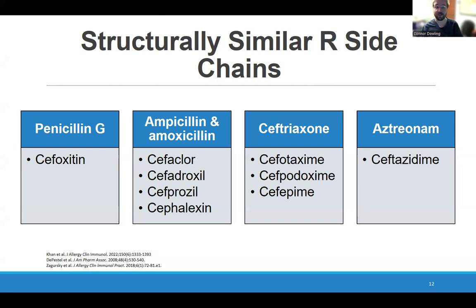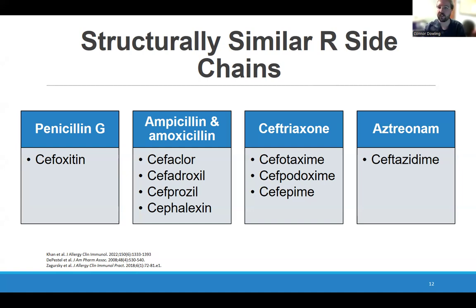So if you're using aztreonam to potentially get around a cephalosporin or penicillin allergy, and they had a true allergic reaction to ceftazidime, we would probably want to consider something besides aztreonam, because they share that structurally similar R side chain.